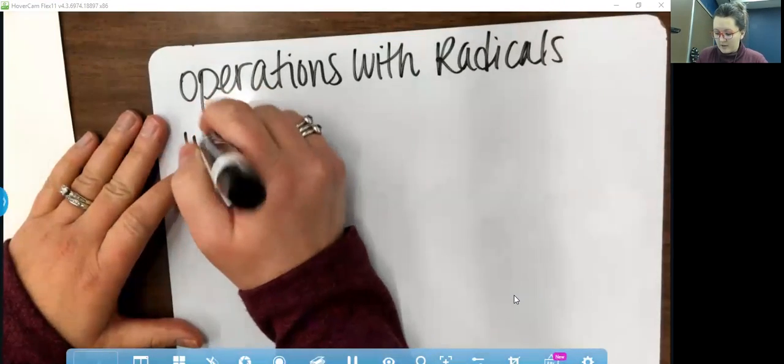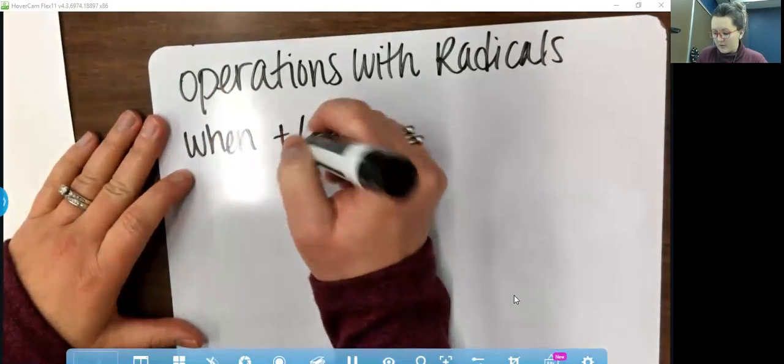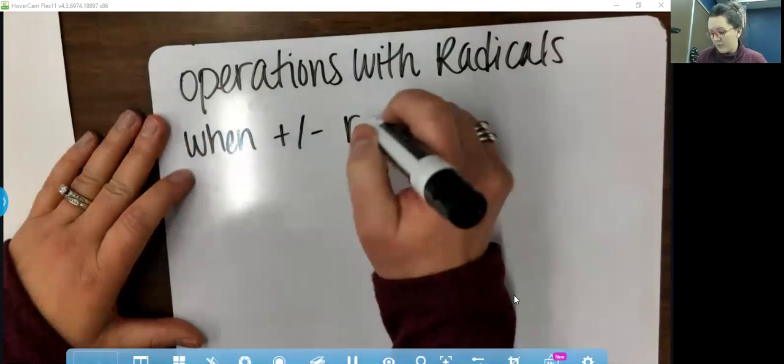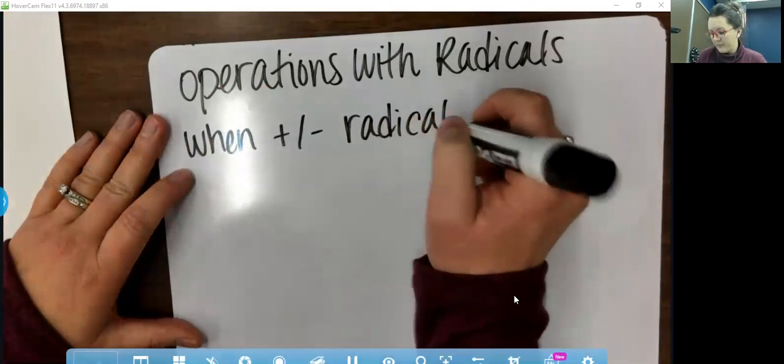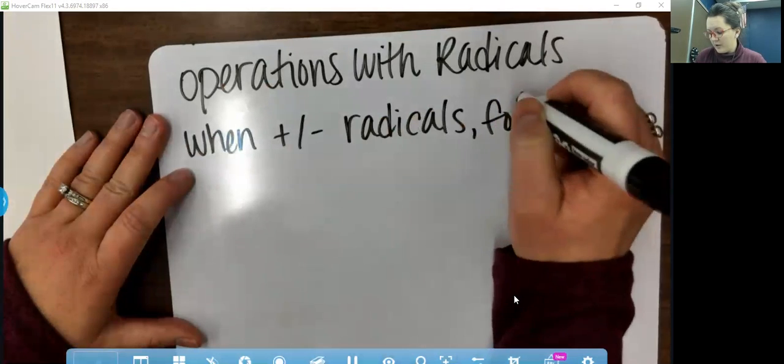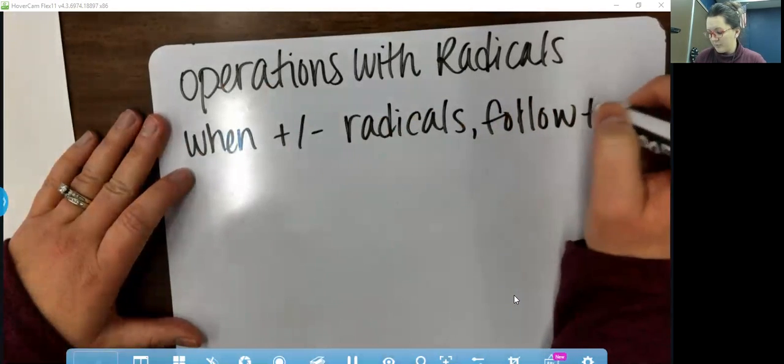And I'm going to write this note down. When adding or subtracting radicals, you have to follow the like terms rule.